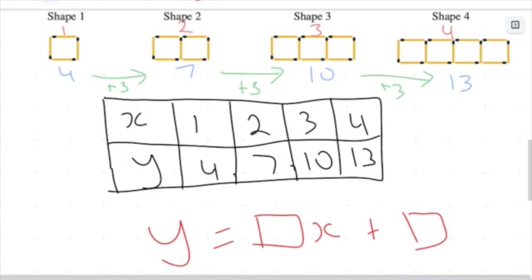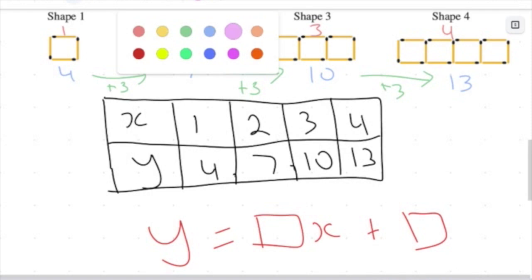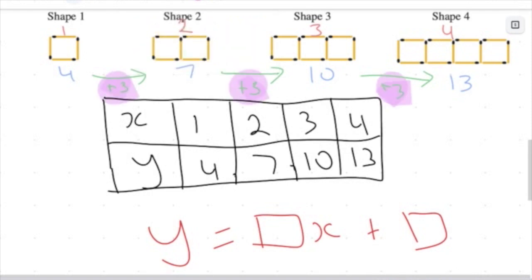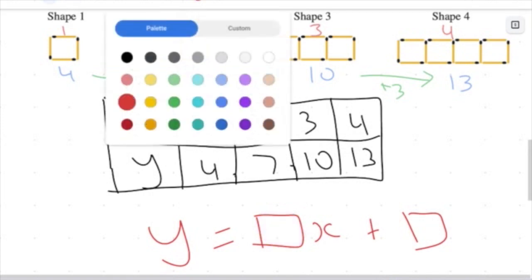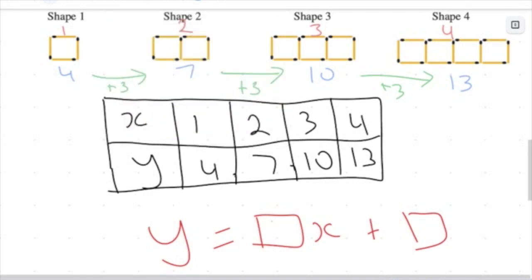But one of those missing pieces of the puzzle we've already found, because in doing this counting and going plus 3, plus 3, plus 3, I have seen how much y changes for each change in x. I've found what my gradient is, what my unknown number here is. That's going to be, I'll do it in a different color, 3.